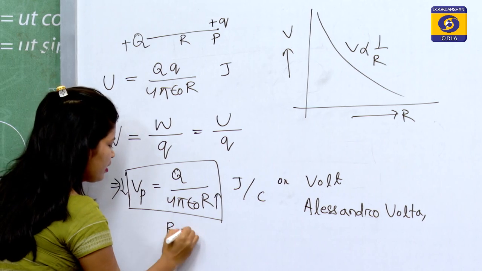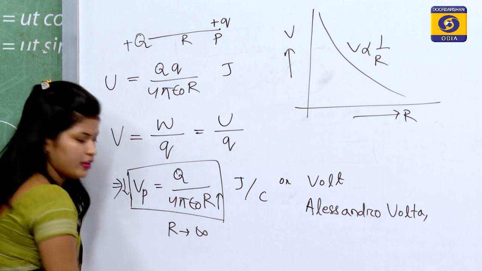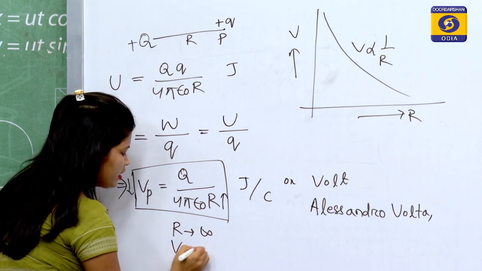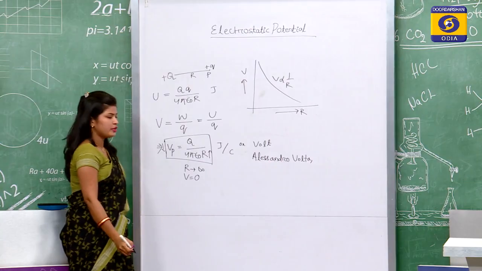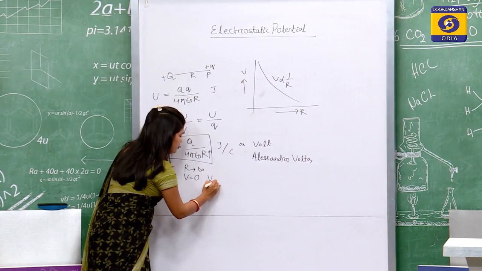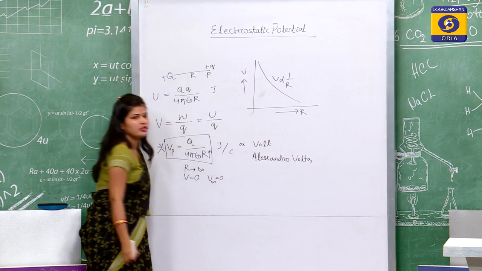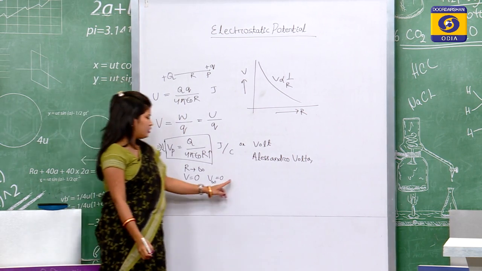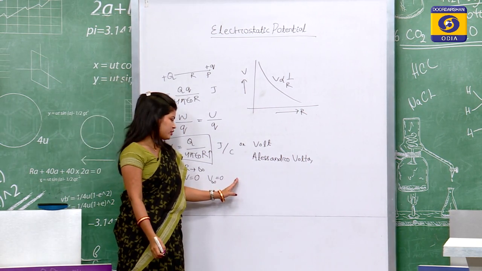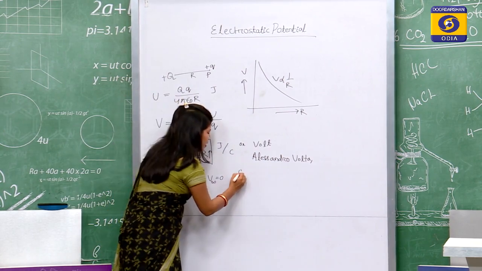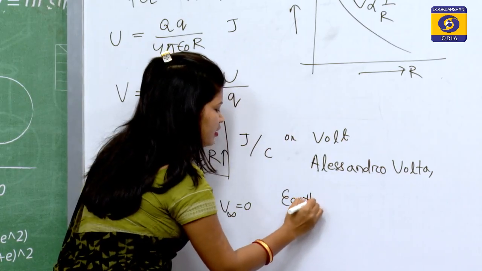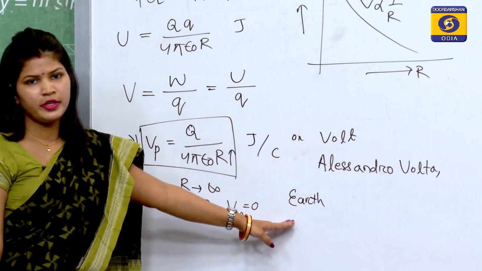Because when r tends to infinity, potential V is 0. That means, at infinity potential is 0. We generally take the potential of earth as 0 for our convenience.